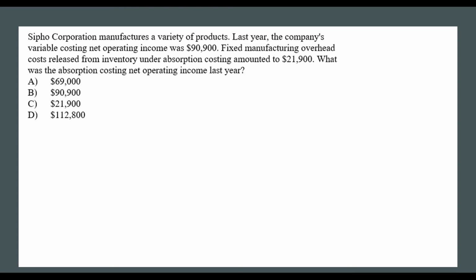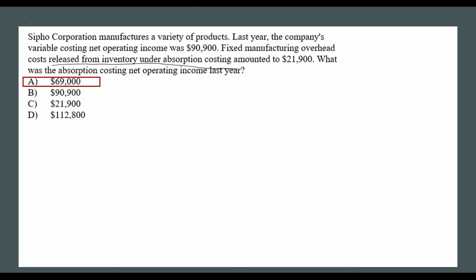So, the answer here is what? Letter A, 69,000. So, how did we compute for this amount? We have what we call the fixed manufacturing overhead cost released from inventory under absorption costing.